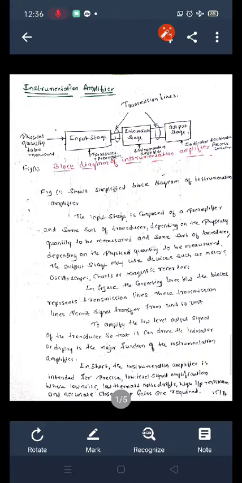Hence, before the next stage, it is necessary to amplify the level of such a signal, rejecting the noise and interference.